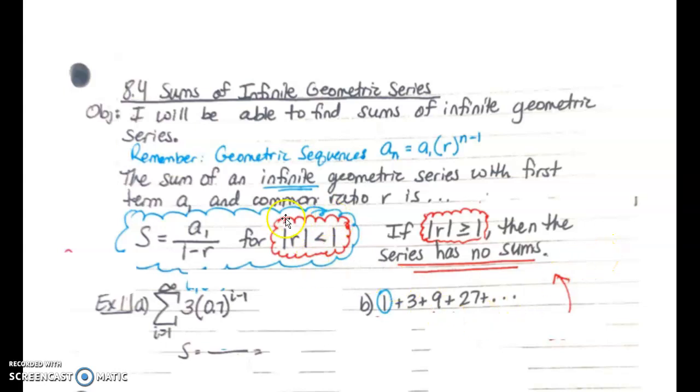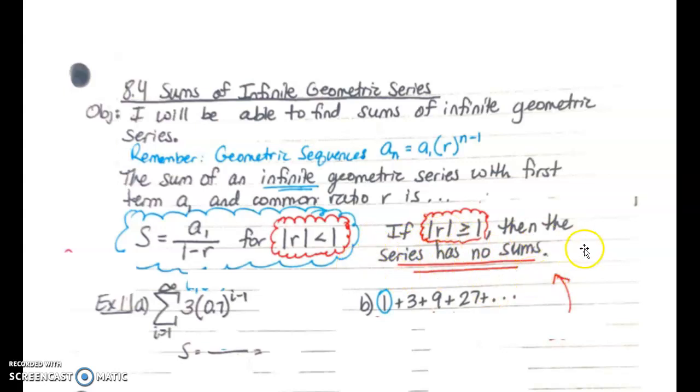The whole reason that we want r to be less than 1 is because the numbers keep getting smaller and smaller if your ratio is less than 1. Think of a number like a half. If your ratio is a half, then you're just cutting something in half over and over again. So 2 cut in half is 1, 1 cut in half is a half, a half cut in half is a quarter, a quarter cut in half is 0.125, and so on and so forth.